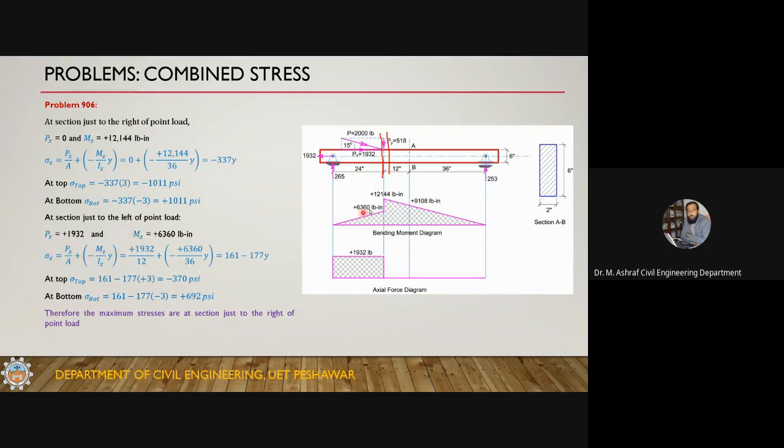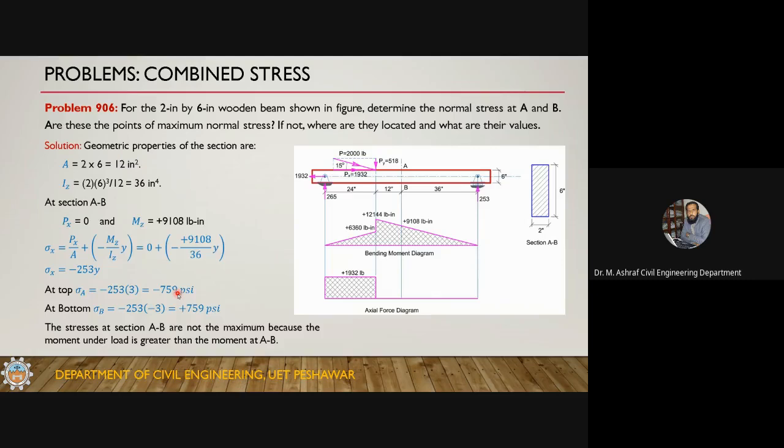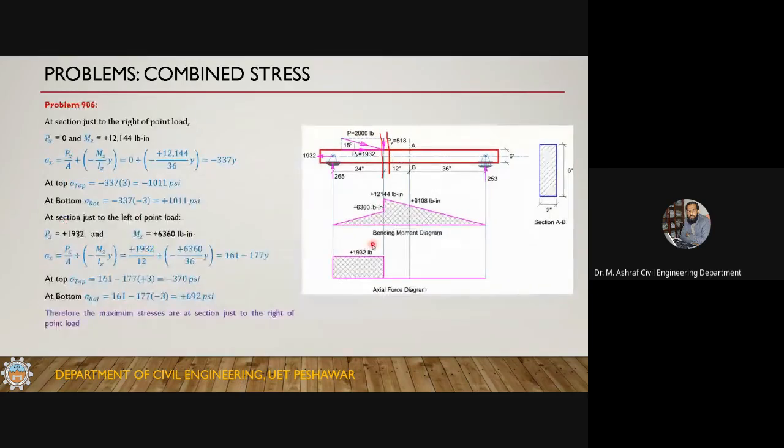So now this is a combined stress situation. Sigma x is equal to Px over A plus minus Mz by Iz into y. Plugging in the values, you get the fiber stress equation. In the top fiber we have 370 psi, in the bottom fiber we have 692. So this is still less than this one. The stress here is even less than the stress there.